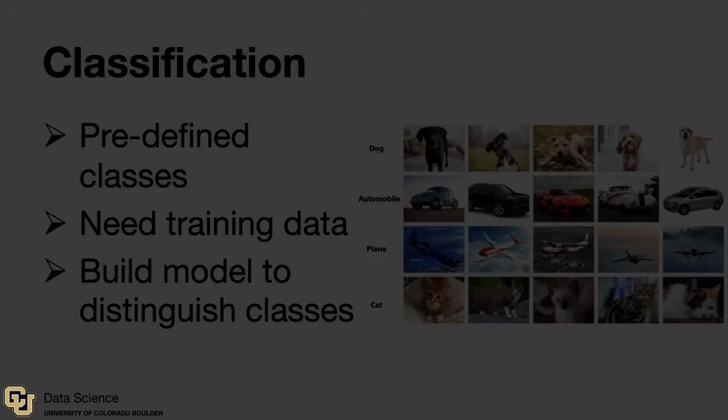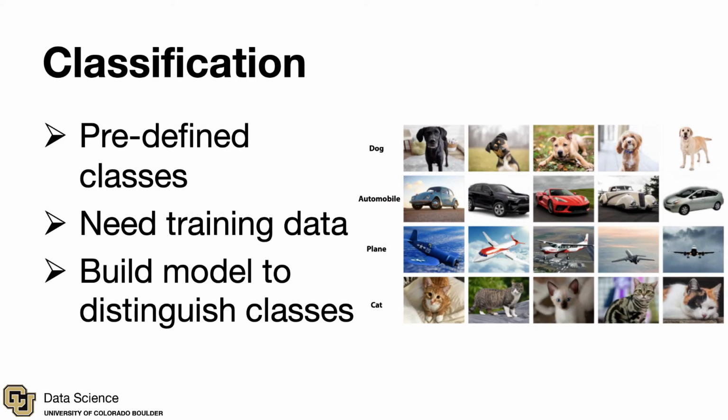Going forward, not only do we want to be able to find frequent patterns, but we also want to be able to differentiate. This is generally what we're trying to do in classification. In those cases, you would have predefined classes. Here I have different images representing dogs, automobile, plane, cat. Those are the different categories or classes.